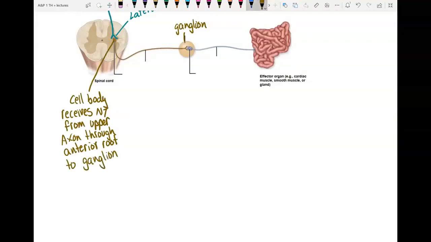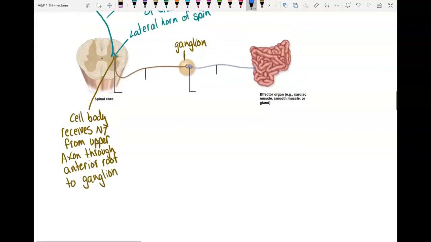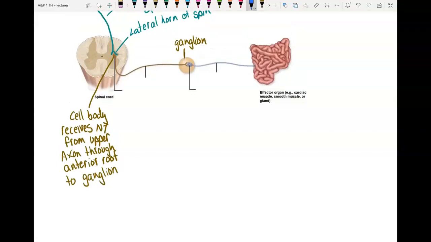Then we have a second lower motor neuron. This one has its cell body in the ganglion, where it receives neurotransmitter from the previous one.